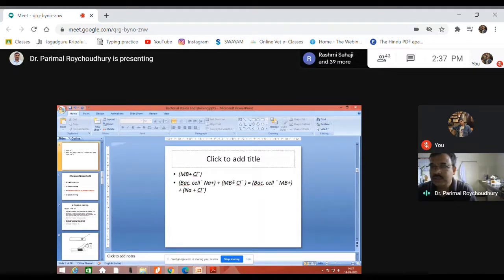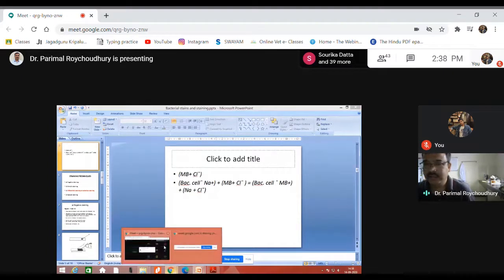When you stain with methylene blue chloride, the negatively charged component of the bacterial cell will combine with methylene blue, and methylene blue will impart color to that.